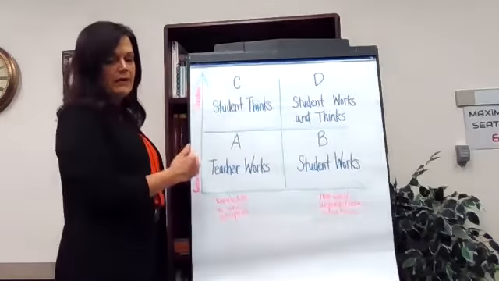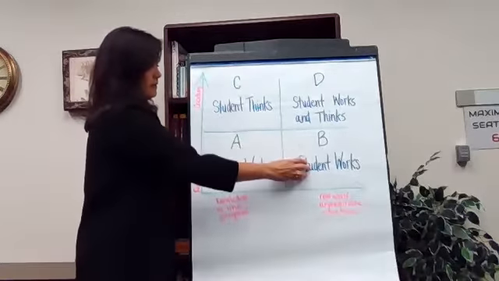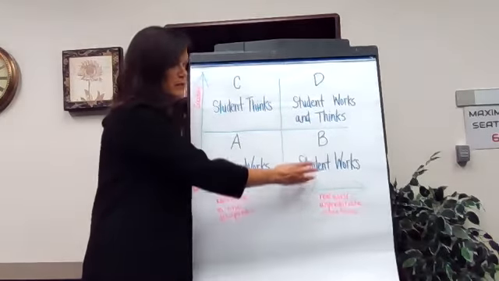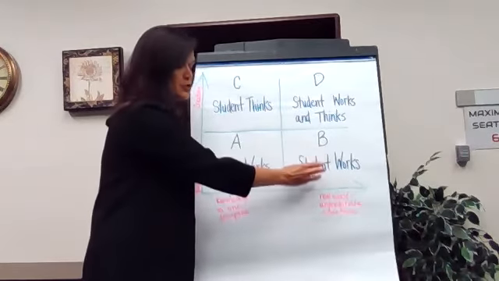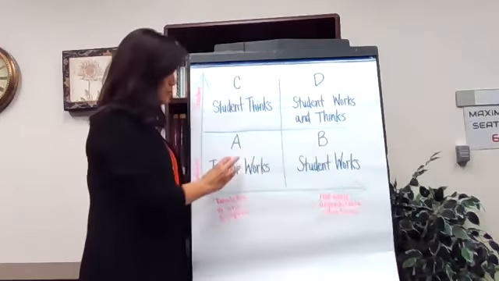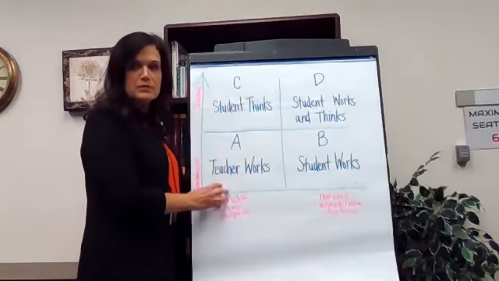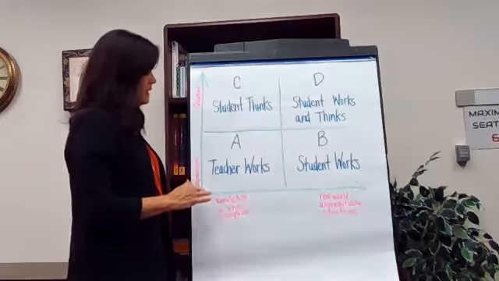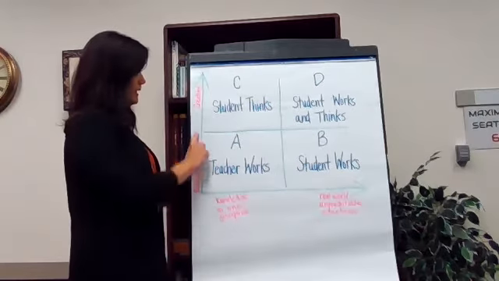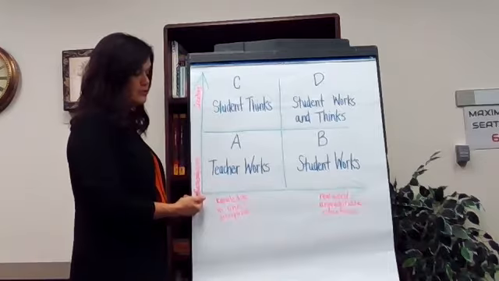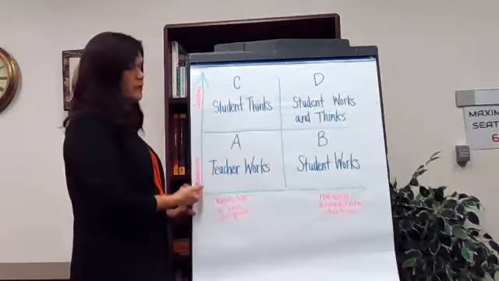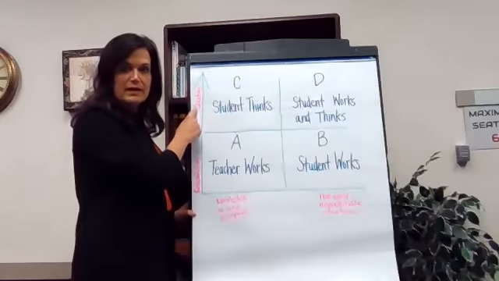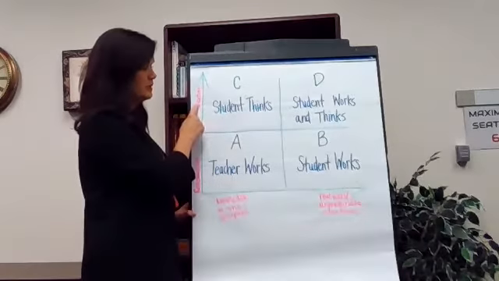So then we have quadrant B. Yes, we can make it relate to the student's future career, but we still don't have the rigor. We don't have that knowledge base that we need. It's still low. If we move up our vertical axis, here we have where the students are simply remembering, all the way up Bloom's taxonomy, where we know that creating is the highest goal that we want to reach.